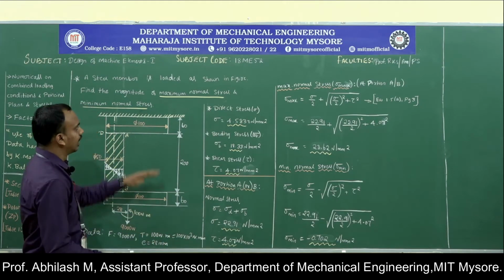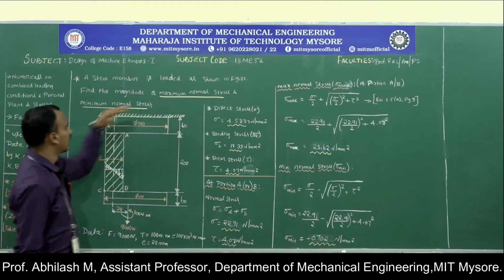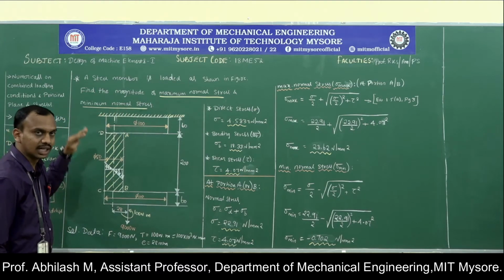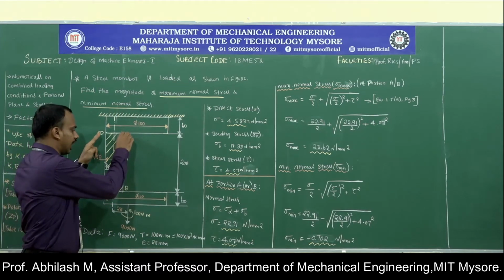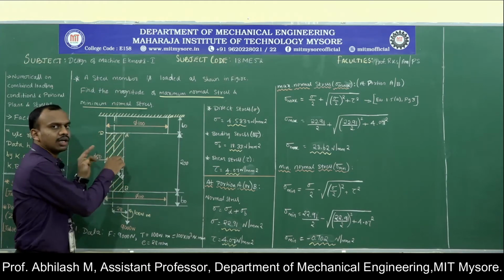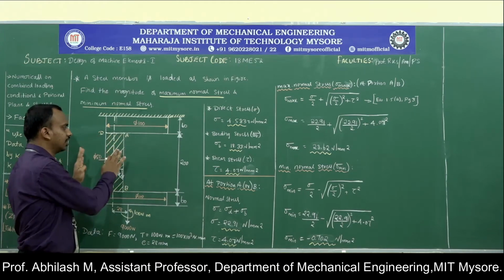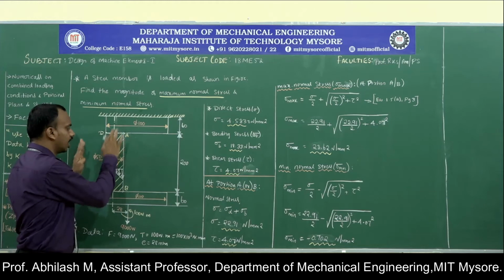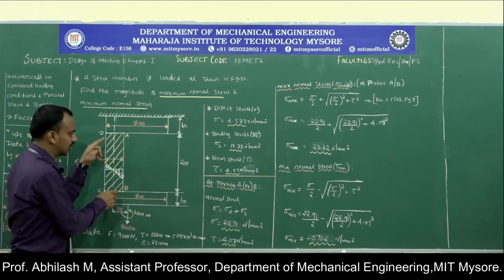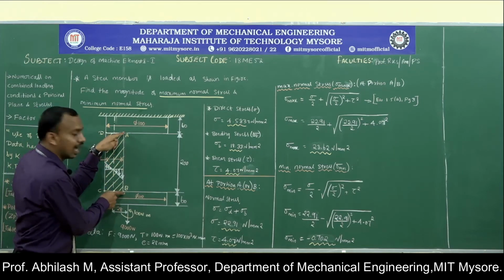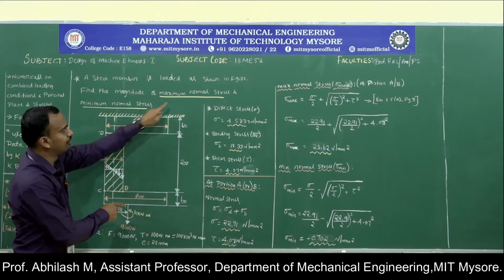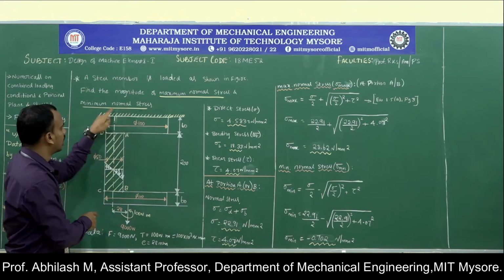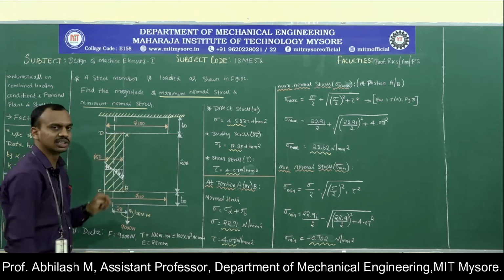Let us identify the maximum and minimum normal stress developed at portion A, B or C, D. We have considered the critical section A, B, C, D. At first we are going to consider the portion A, B, and at this portion let us identify the maximum normal stress and the minimum normal stress.